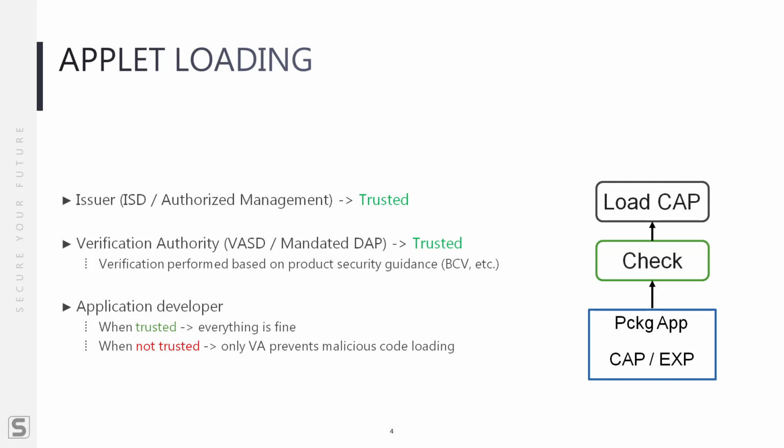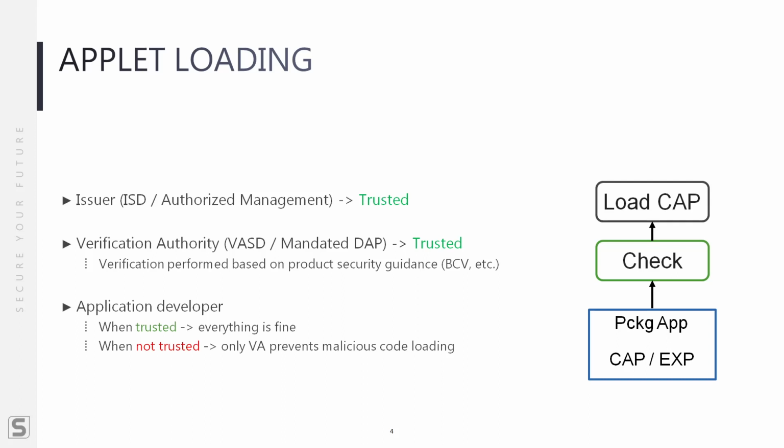Then we have the verification authority, which is in charge of verifying that an application intended to be loaded cannot lead to break the security model. The verification authority performs this verification based on security guidance that comes along with the product.